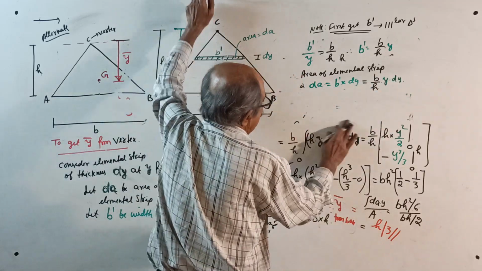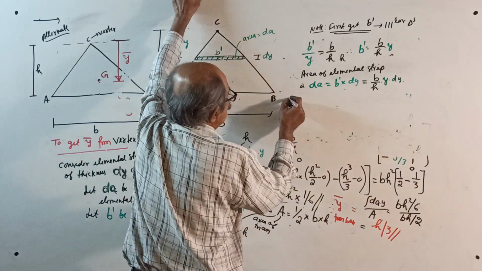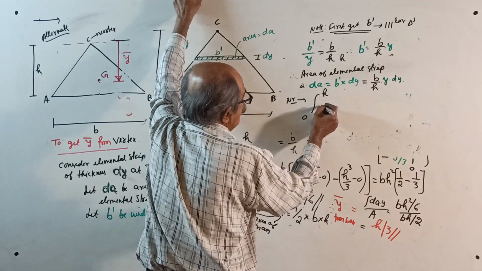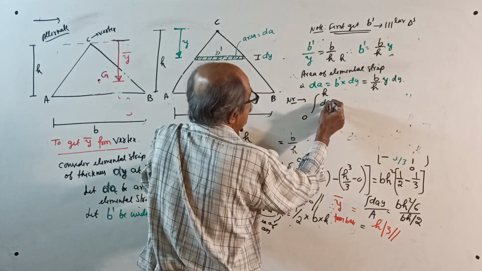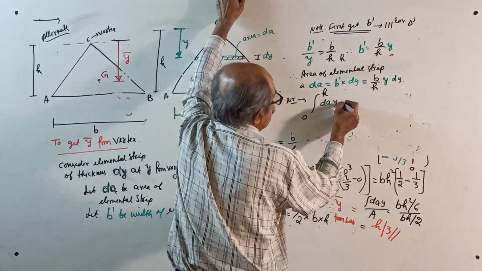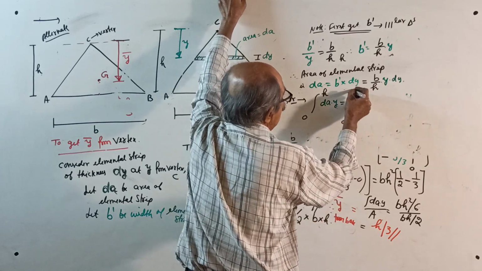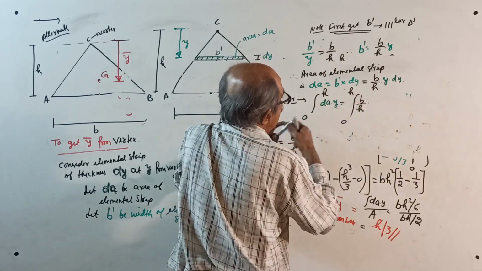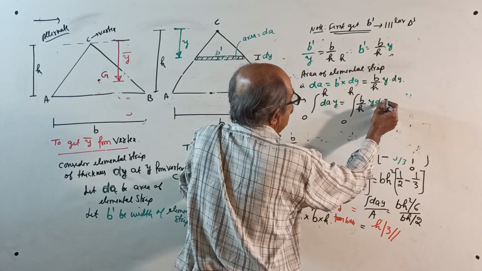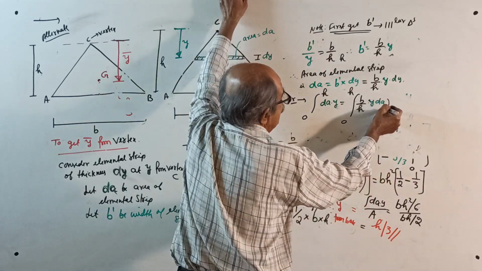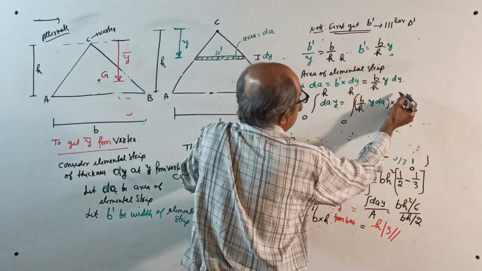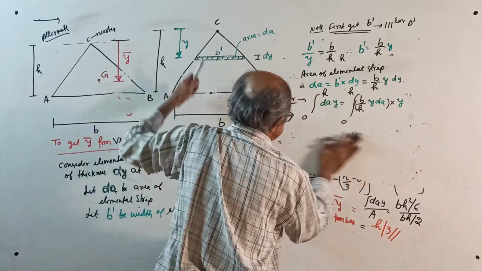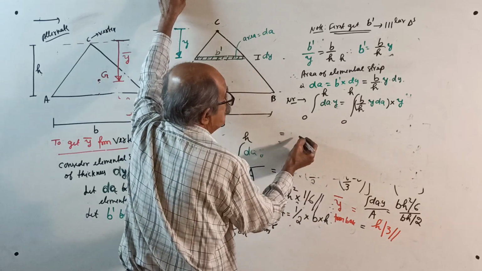Now, therefore, your numerator is the integration from 0 to h of dA into y, which becomes the integration from 0 to h of B by h into y into y.